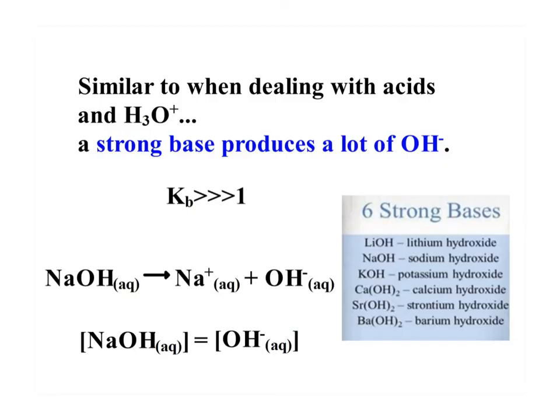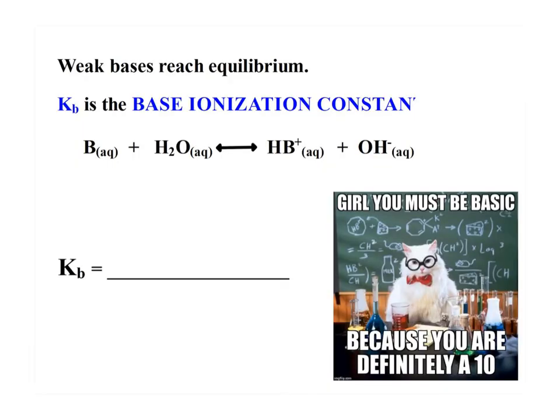Now, similar to dealing with hydronium ion concentrations, strong bases produce a lot of hydroxide ions. In Chem 20, we dealt just exclusively with these ones because those are strong bases that just dissociate like other ionic compounds do. They have Kb's, so now they have base ionization constants that are very large. Now we are going to be dealing again with weak bases.